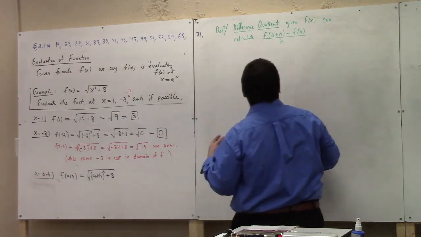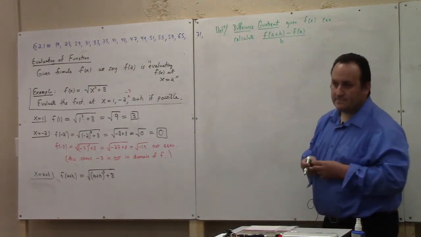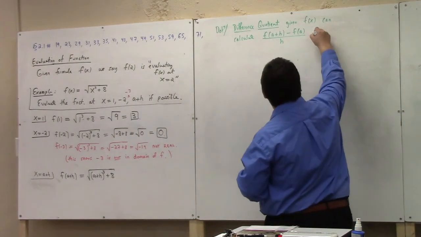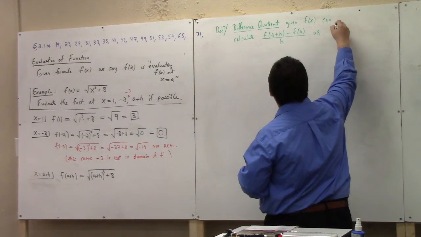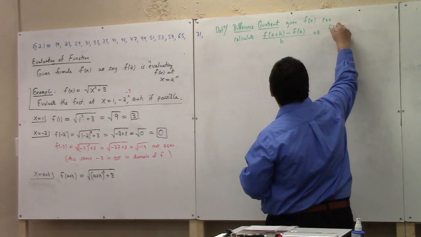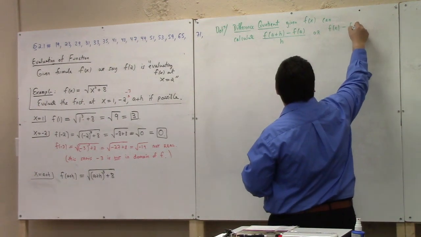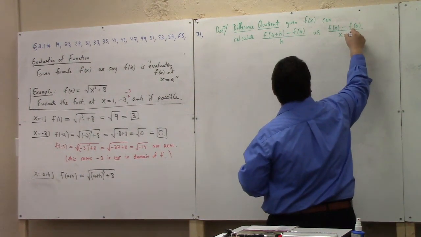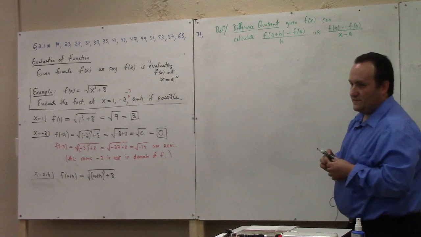This is called a difference quotient. Or the other kind of difference quotient people calculate is often f of x minus f of a over x minus a. Like those are sort of your two flavor choices, if you will.